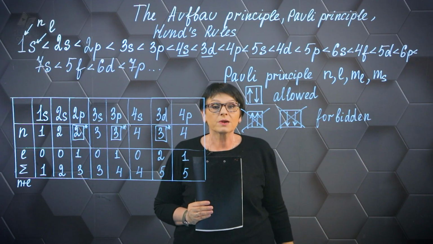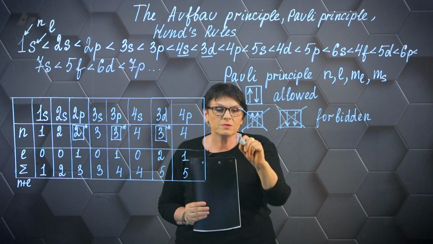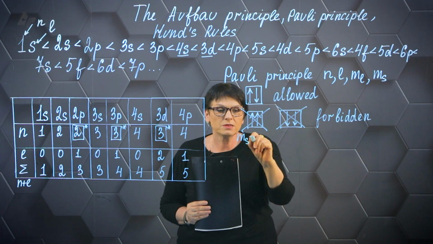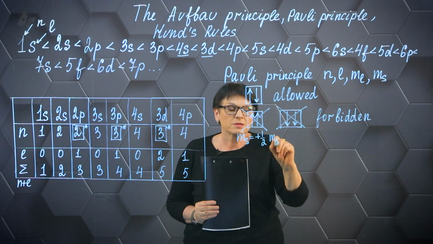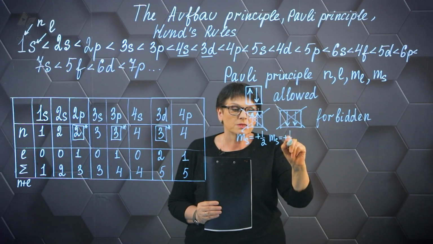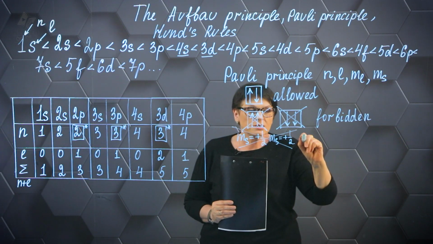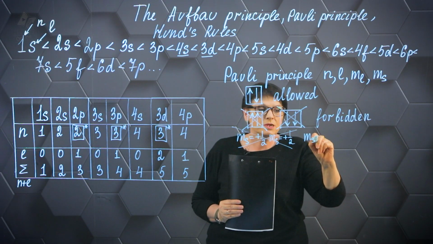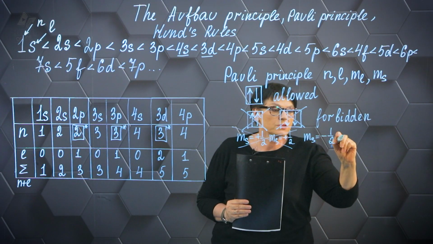But that's wrong. And I draw your attention to this, that the spin moment, if we were to calculate both electrons in this case, would be equal to plus 1 second. That's not allowed. Neither is the reverse allowed, when both of these electrons have minus 1 second, that's not allowed either.